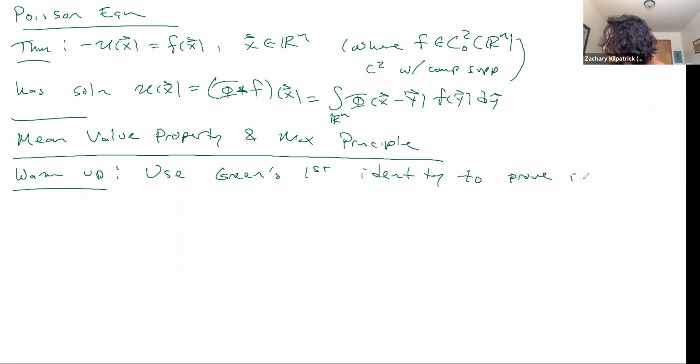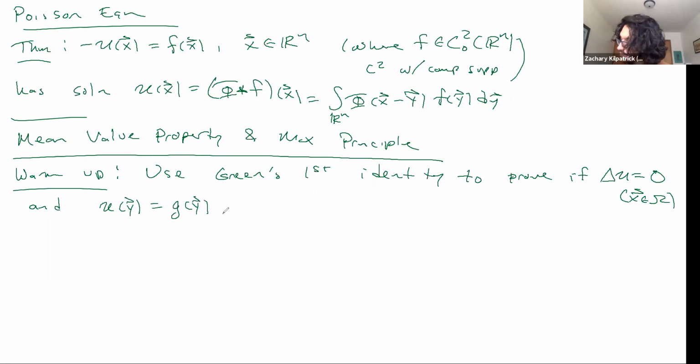I just want you to use Green's first identity to prove that if the Laplacian of u is equal to 0 for x in some domain, call it omega, and u of y is equal to g of y for y in the boundary of omega, the solution to this boundary value problem is unique.